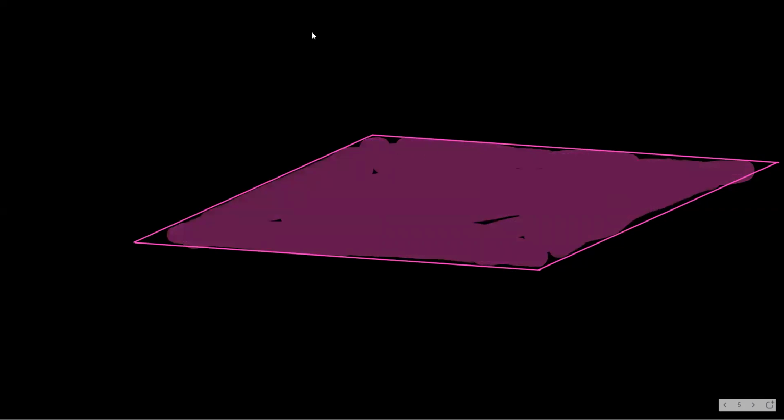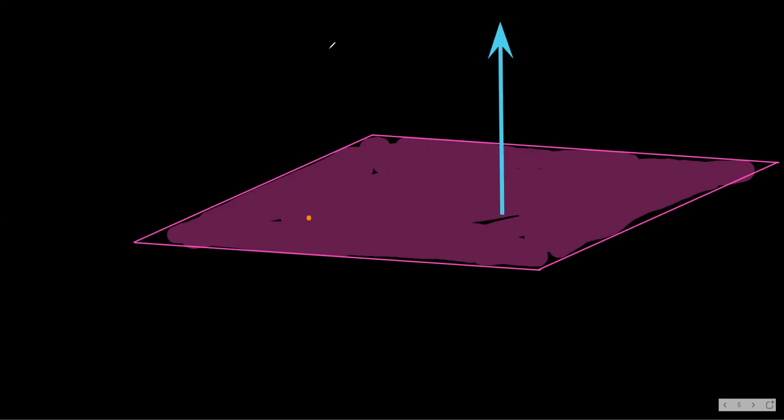Remember students, to determine a unique plane, what you need is one point on the plane, somewhere on the plane, and you need a vector perpendicular to the plane.